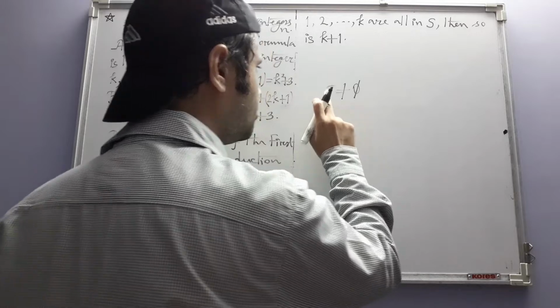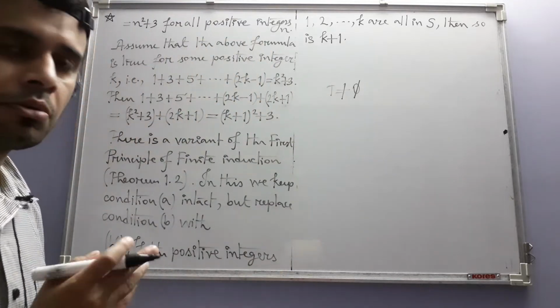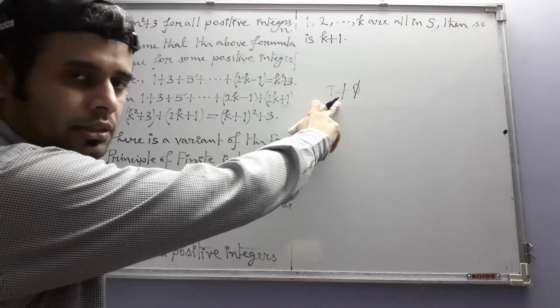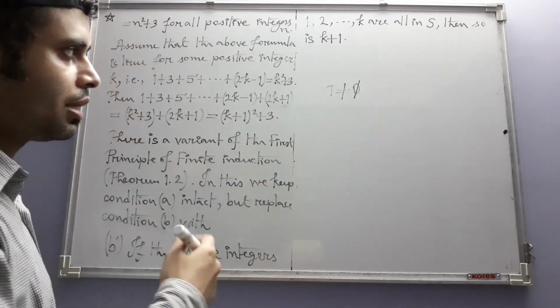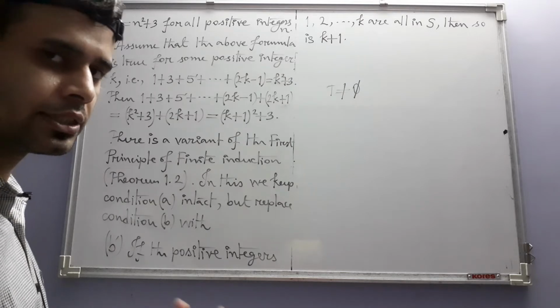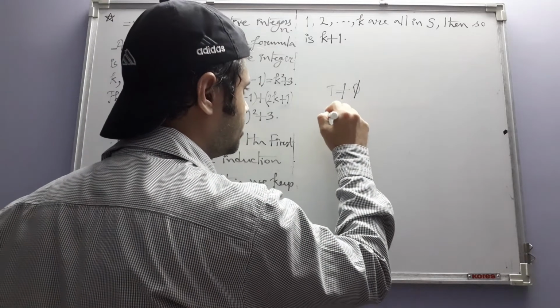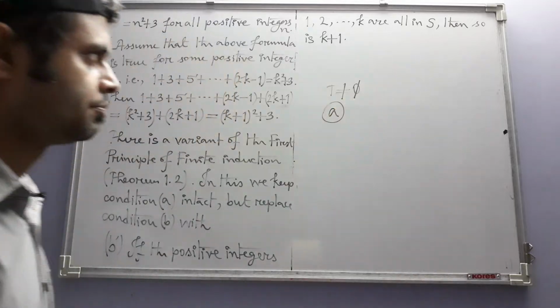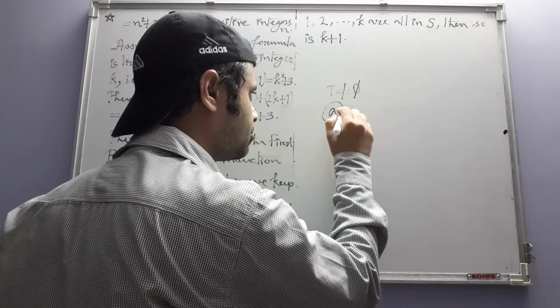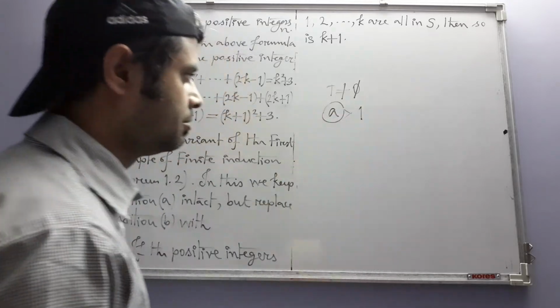So we have assumed T to be the set of all positive integers that are not in S, and this is our supposition that T is non-empty. Then by the well ordering principle, T will have a least element, a smallest element, just like before. Let that element be A. Now since 1 belongs to S, again like before, A is greater than 1.